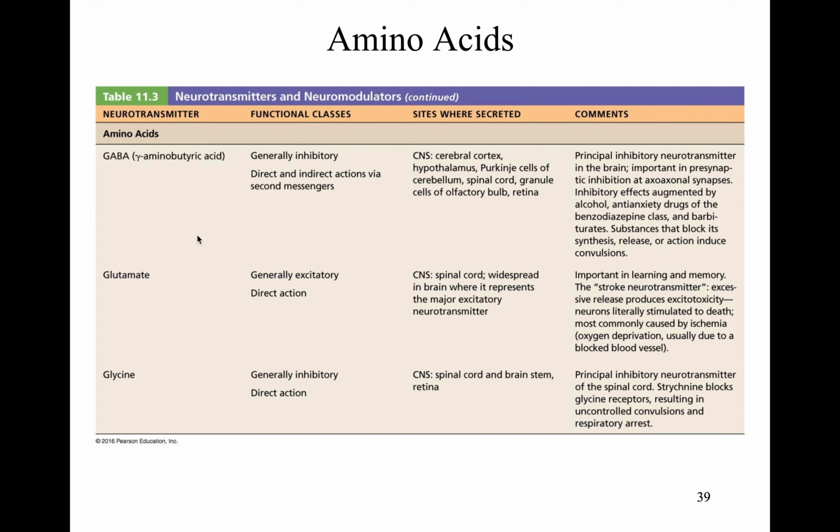The first one is called GABA, also known as gamma aminobutyric acid. This is a specialized, or modified, amino acid. We also have glutamate, or glutamic acid, and then glycine.